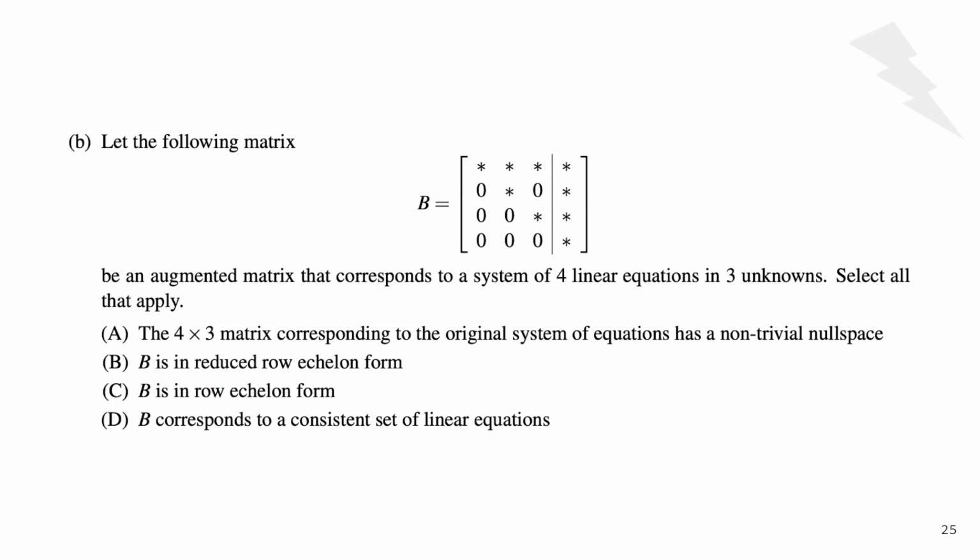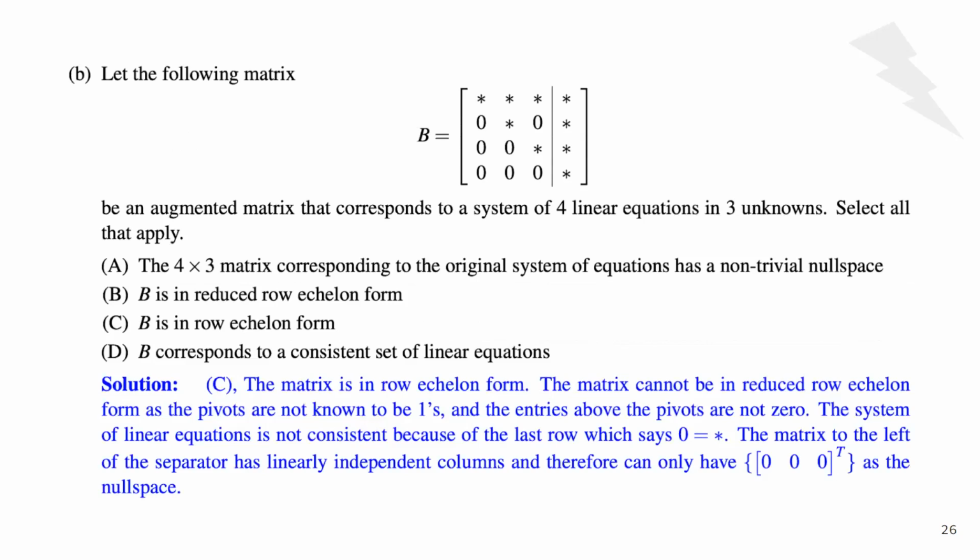We can say that B is in our reduced row echelon form, that B is also in row echelon form, or that B corresponds to a consistent set of linear equations. So the solution to this question is that the matrix is in row echelon form.